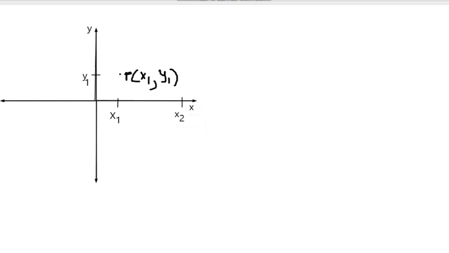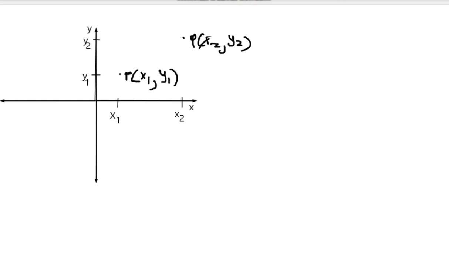And then we have a y sub 2 on the y-axis, above. So this is another point, with coordinates x sub 2 and y sub 2.